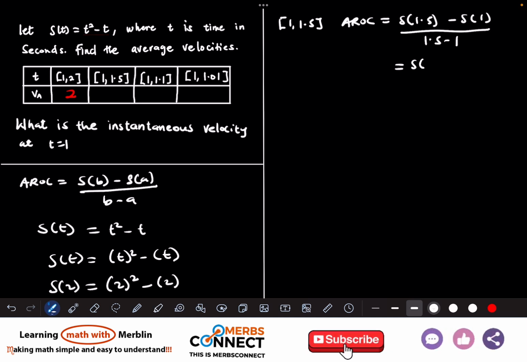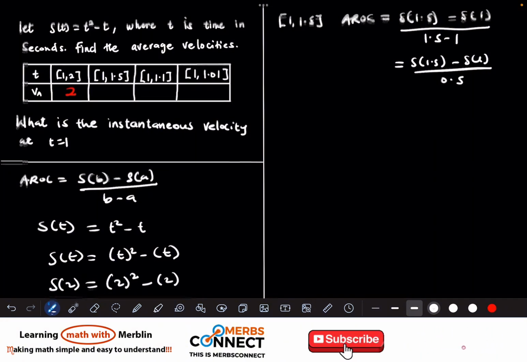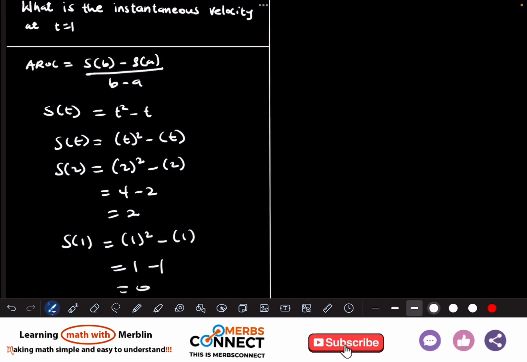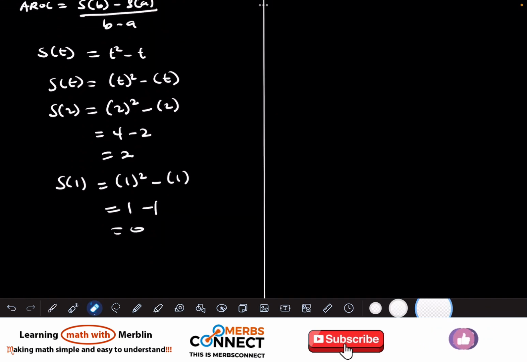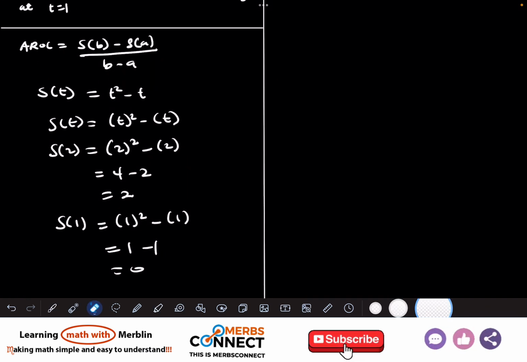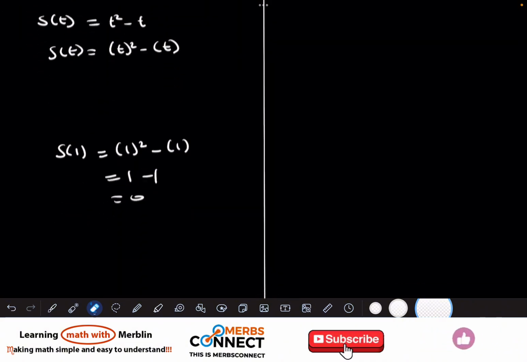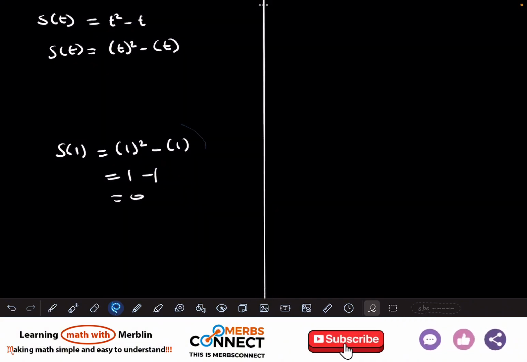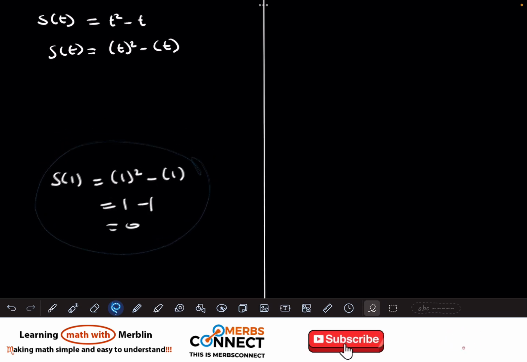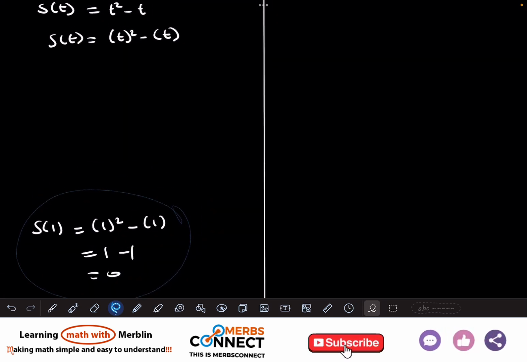Let's simplify. 1.5 minus 1 should be 0.5. So from here we have the S of 1 already. So I think all we need to do is the calculation for the other side. So let me bring this one down. I think this is 0. So let's put it here.